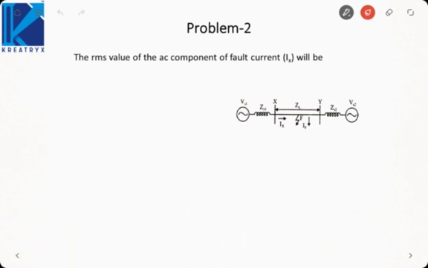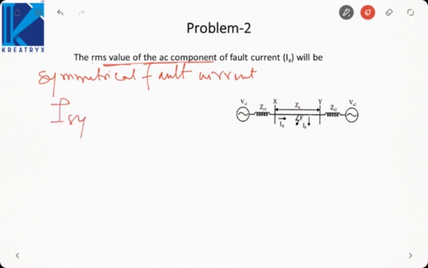The next part of the same problem asks us to find the RMS value of the AC component of fault current Ix. RMS value of the AC component, that is the symmetrical fault current. Now the RMS value will be V by mod Z. V is how much?